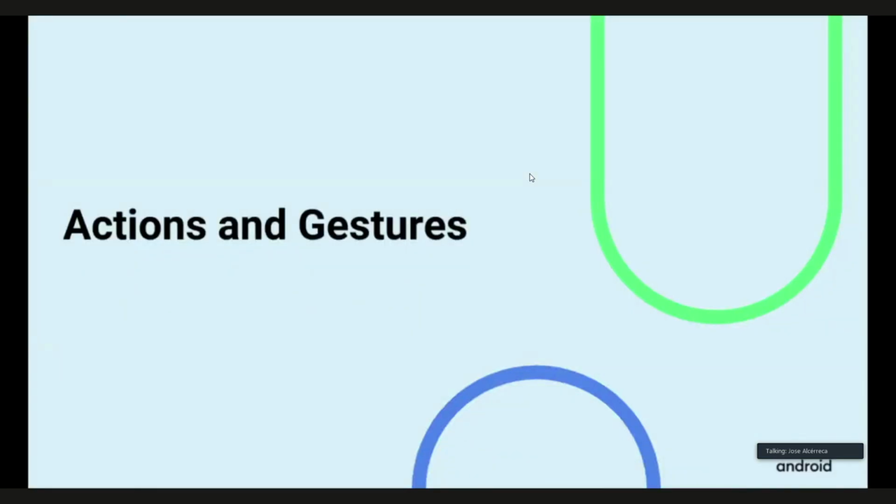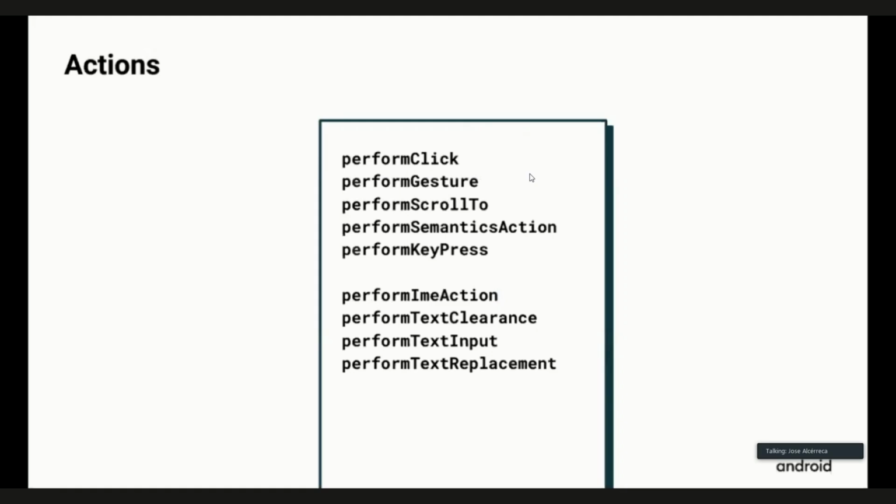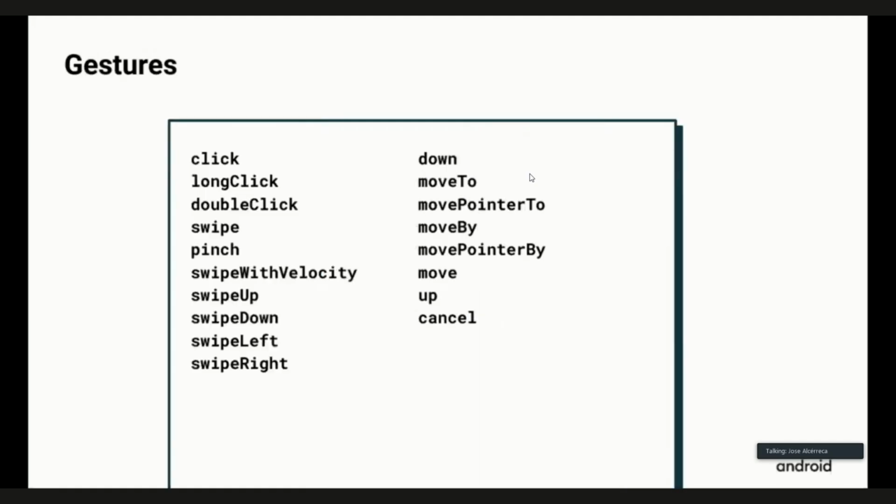Finally, actions and gestures. These actions let you click, inject gestures, and key presses. Or you can create your own gestures where you can get really, really precise in both position and time.